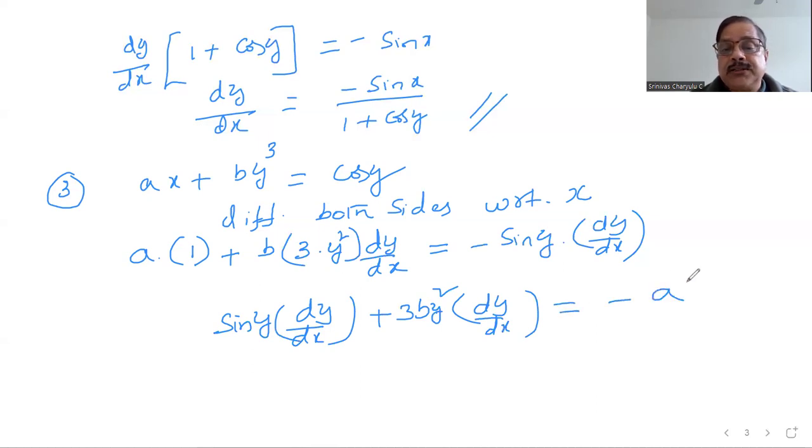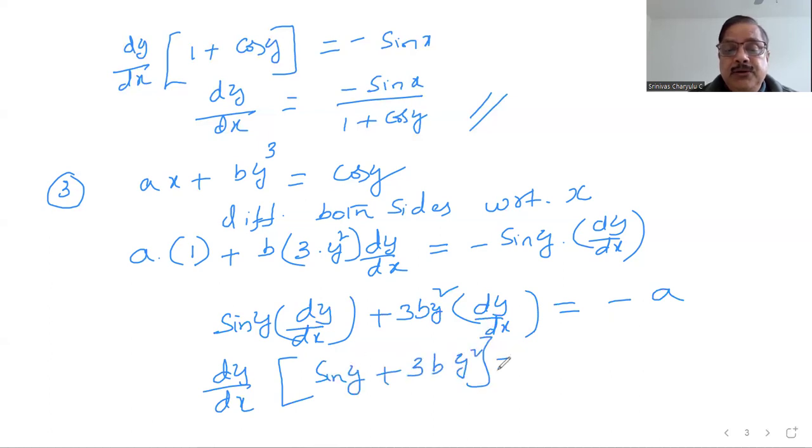If this a goes to that side, it becomes minus a, and this minus sin y dy by dx comes to this side and becomes plus sin y. Take out dy by dx common from both. We are left with sin y plus 3by square is equal to minus a. Therefore, dy by dx is equal to minus a divided by sin y plus 3by square.